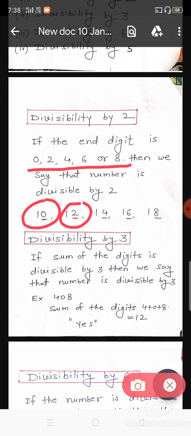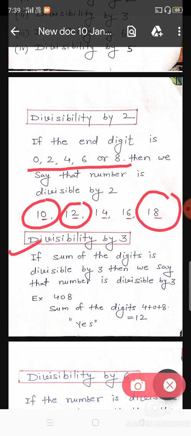Therefore 12 is divisible by 2. 18. What is the one's digit? 8. And 8 is divisible by 2. Therefore 18 is also divisible by 2. Okay, I think it's very clear that any number which has end digit 0, 2, 4, 6 or 8 can be divisible by 2.